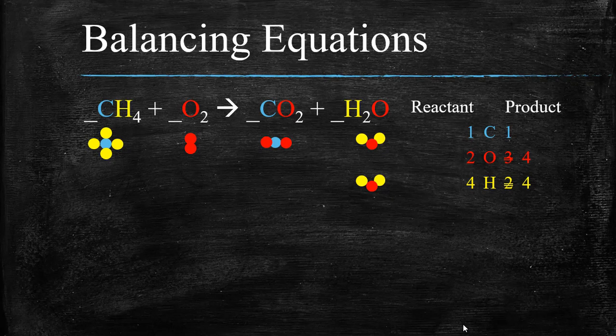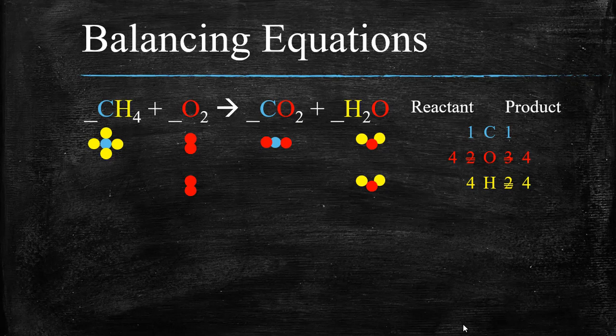In order to balance my oxygen, I need more oxygen on my reactant side, and that has to be added as O2. When I add another O2, I now have 4 oxygens on my reactant side and 4 on my product side. And as a matter of fact, I notice that now the numbers on the reactant side are the same as the numbers on the product side. We say that we have now balanced the equation.